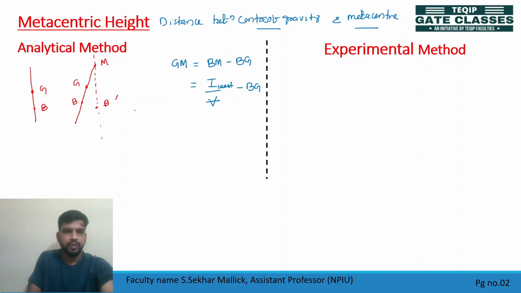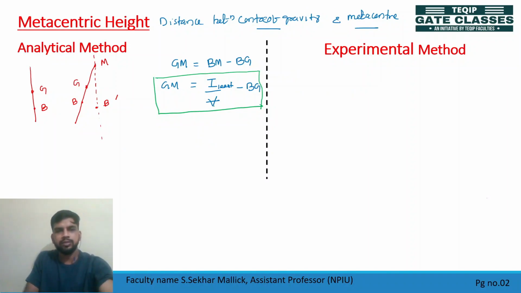Okay, please write. So GM is equal to I by V minus BG. Please put this in a box. GM equal to I by V minus BG. BG is the distance between the center of buoyancy and the center of gravity, and V is your submerged volume. Okay, we'll see this from an example.